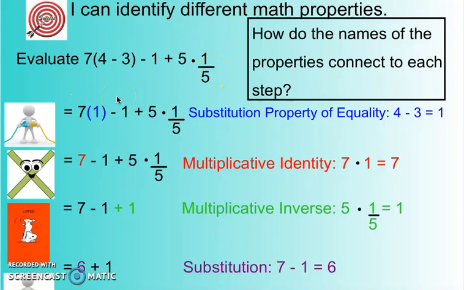And what I want you to notice is that 1 has been replaced by the 4 minus 3. And this is an example of the substitution property of equality. And what I want to know is, what do you think the definition is of the substitution property of equality?